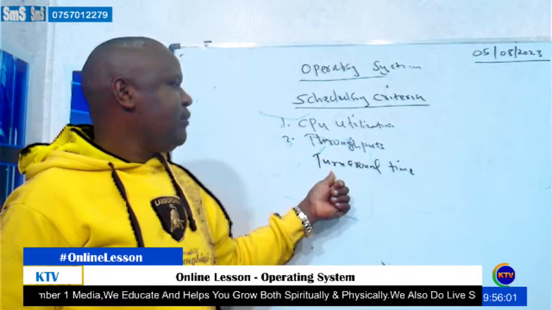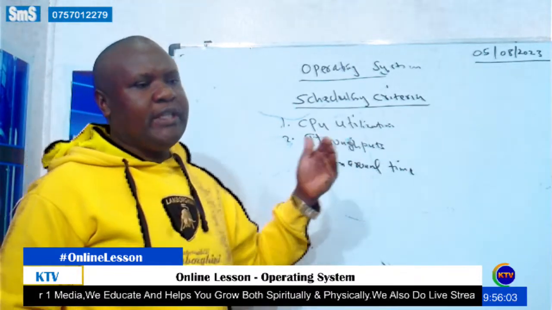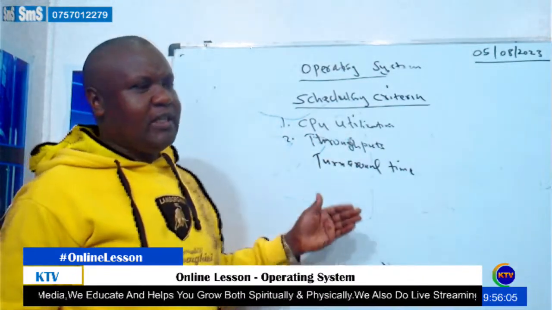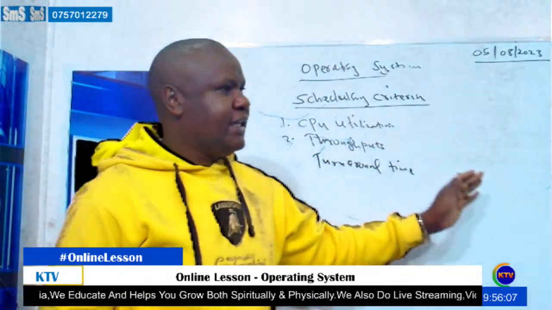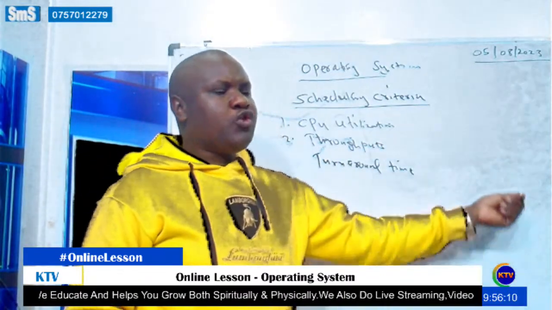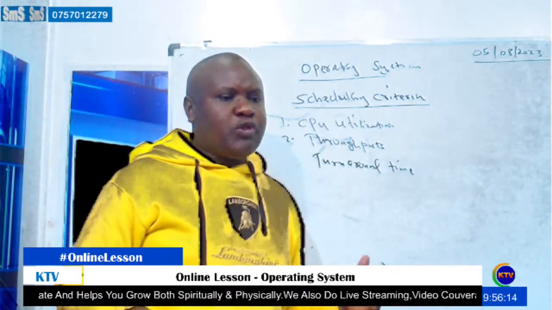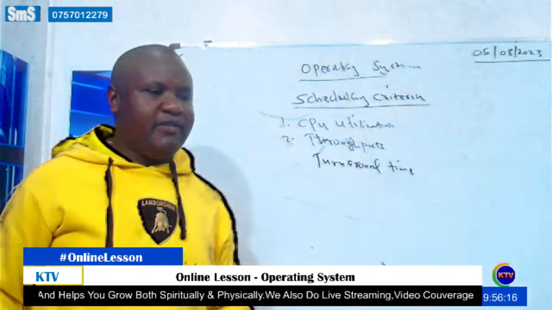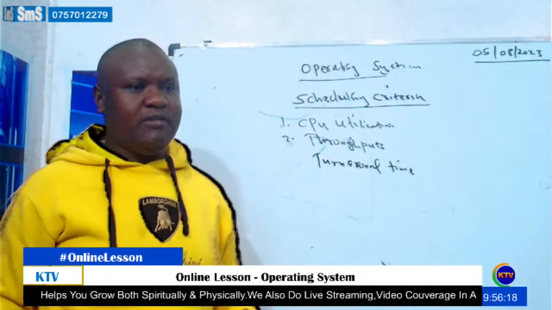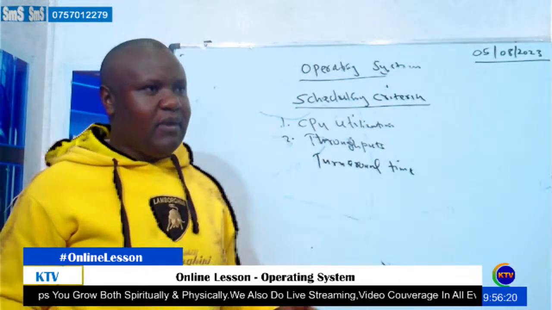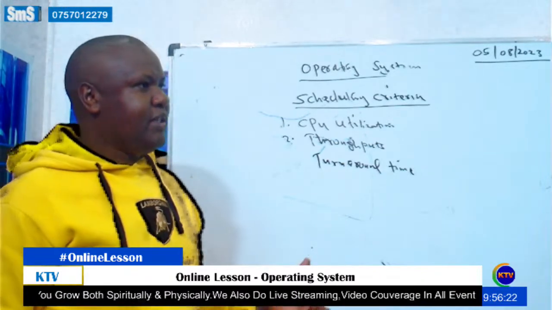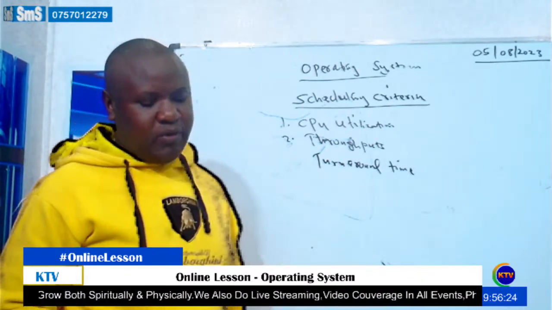Turnaround time includes the waiting time. If a process was paused to wait for an input or output device, that total amount of time the process takes to complete is what we call turnaround time.